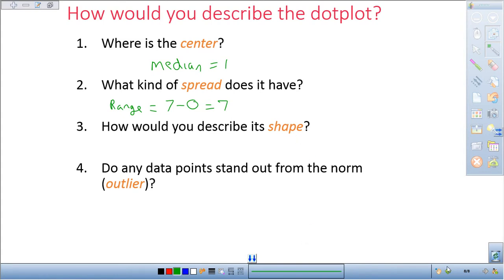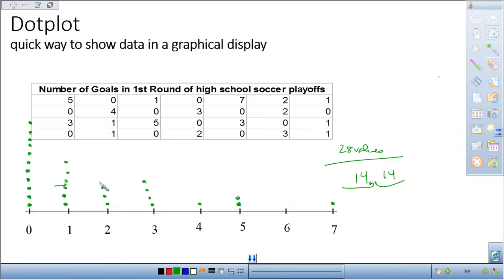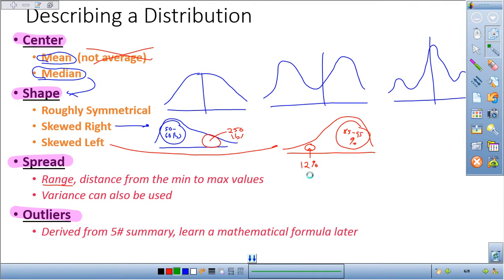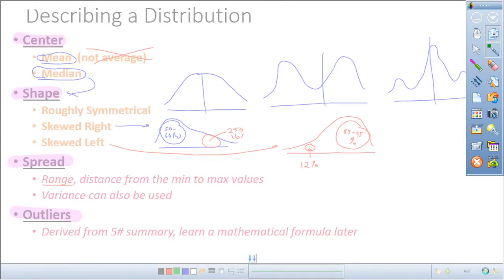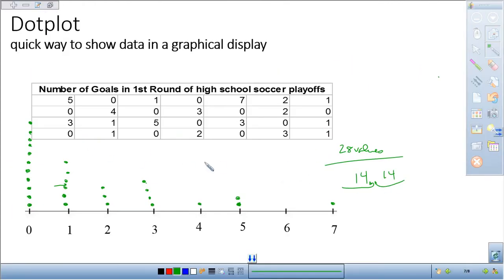Now how about shape? If we come back over here and look at this one, we can see this is not symmetrical. This, if anything, appears to be skewed to the right. So when we talk about this shape, I would recommend calling this one skewed right.